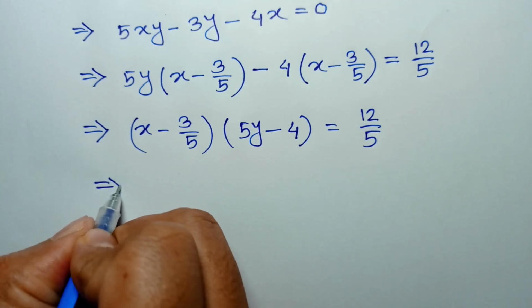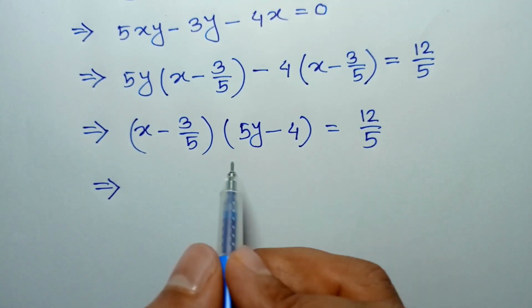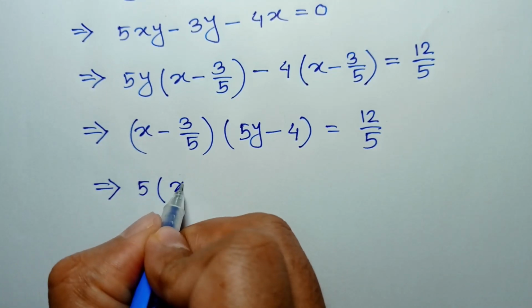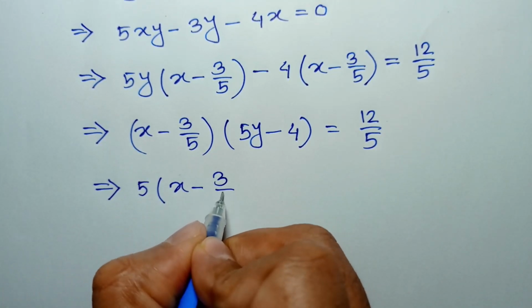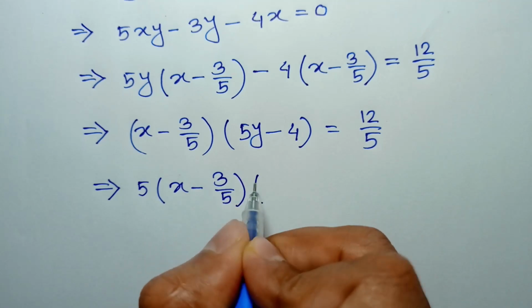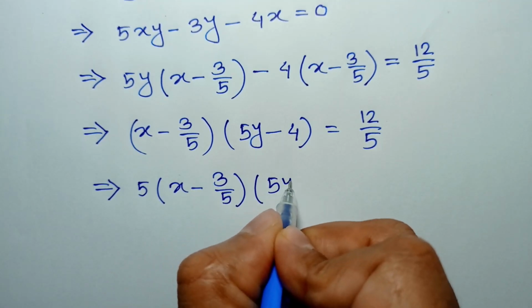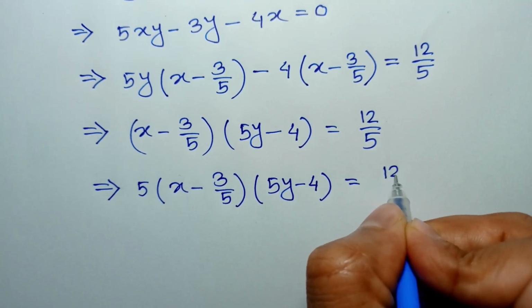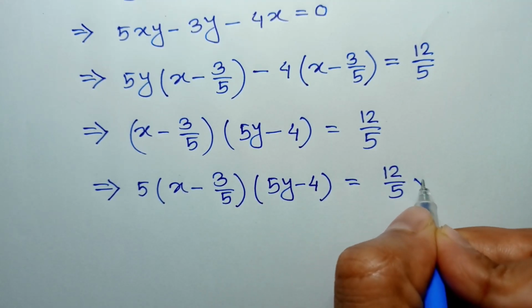Now multiplying both sides by 5, we can write 5 times x minus 3 over 5 times 5y minus 4 is equal to 12 over 5 times 5.